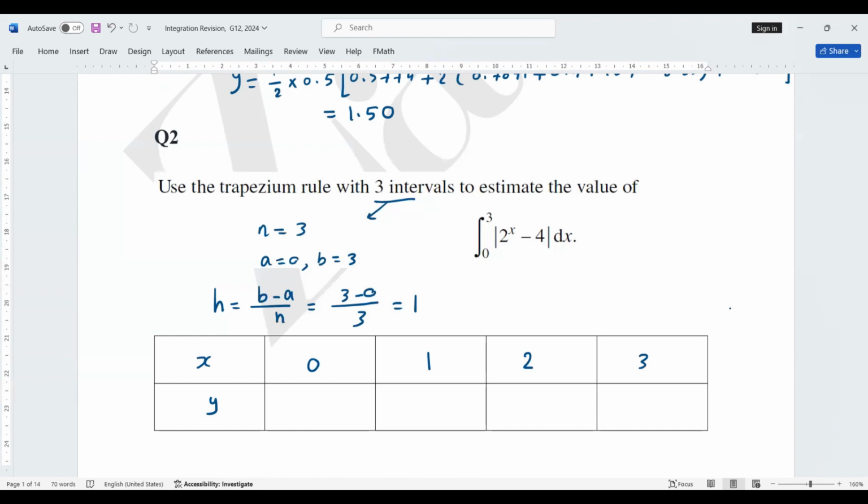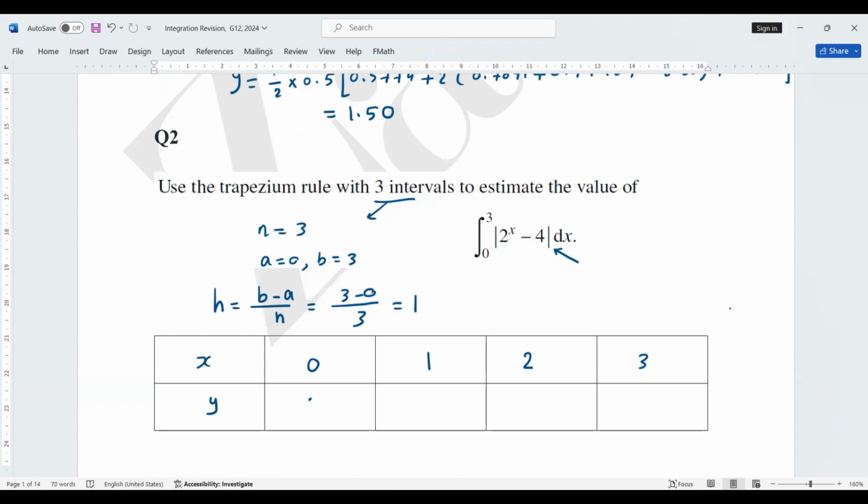We find the values of y by replacing x by these values. Then use the calculator. And take care, this is an absolute value, so you will take the positive value. So it's 2 to the power of 0 minus 4. The answer is negative 3.